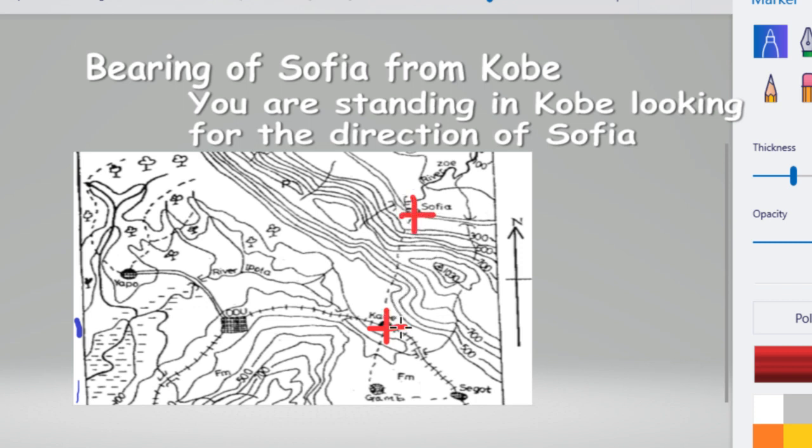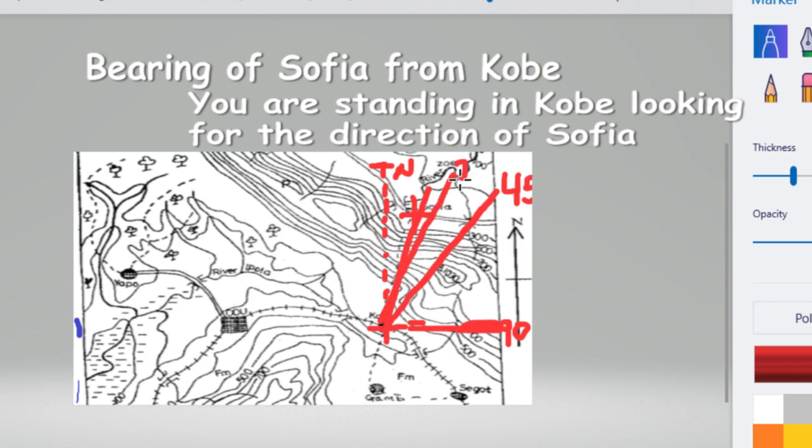To do this, we mark both Sofia and Kobe. Then we draw a straight line from Kobe to Sofia. Then we see that Sofia is within the first quadrant, which is within the 90 degrees east, and we now bisect the area towards Sofia.